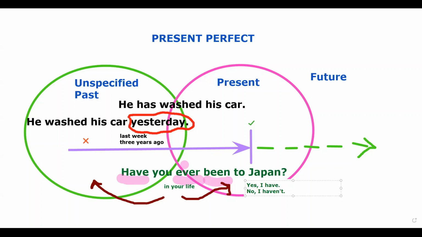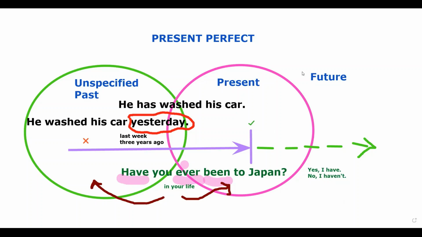We use the verb have to create questions and short answers in present perfect. Also, to make negative sentences. All right, so yes, I have. No, I haven't.